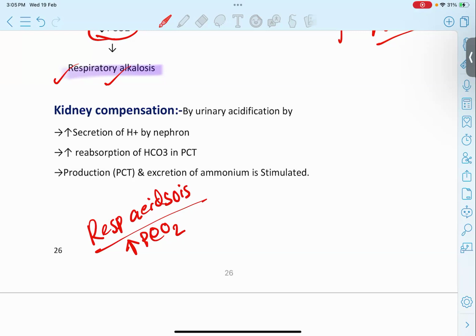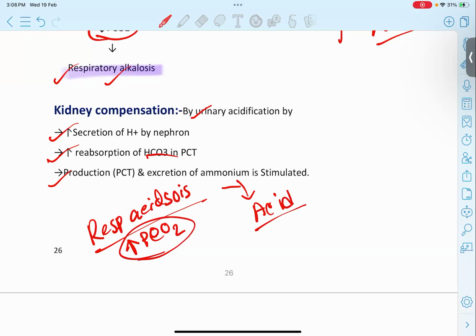So the kidney will try to compensate by urinary acidification, by secreting protons in the nephron, reabsorbing bicarbonate, and the production and excretion of ammonium is stimulated. Ammonia is also an acid. So what is the kidney doing? It's in response to that. The kidney cannot have any effect on PCO2.